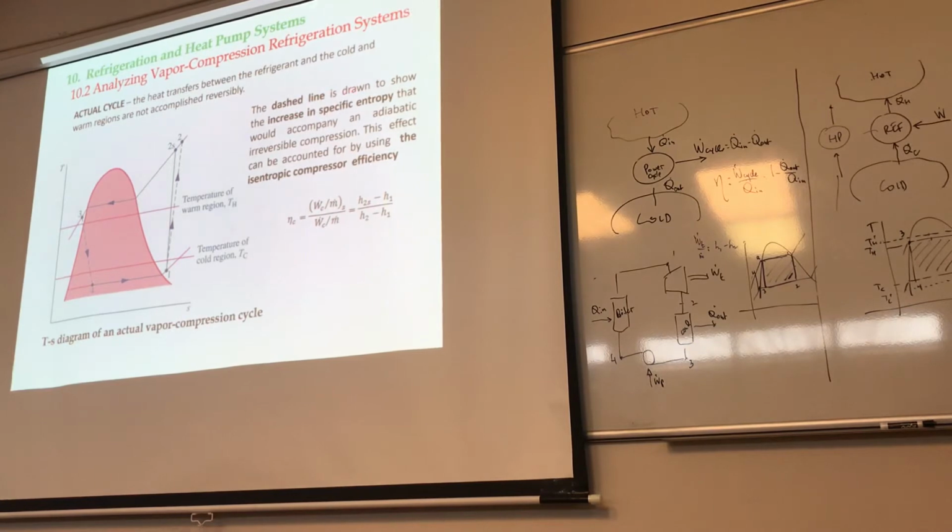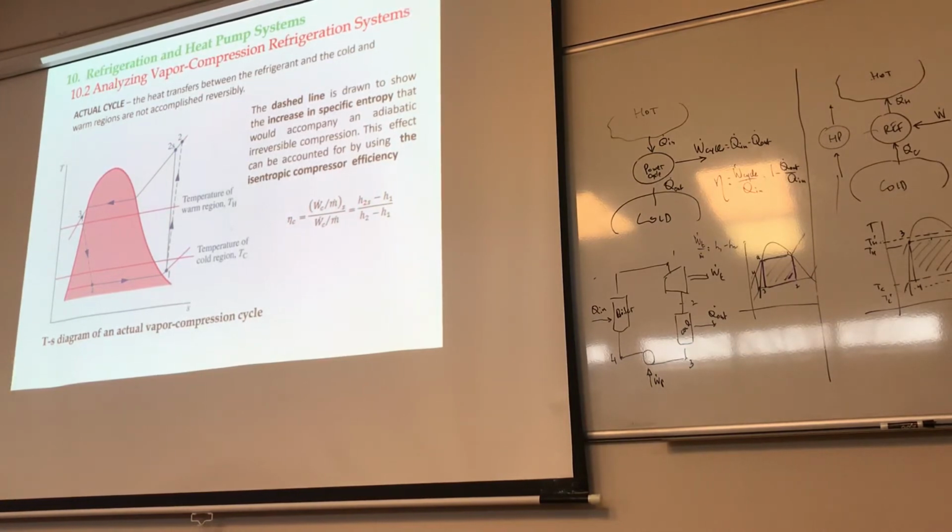The dashed line is drawn to show the increase in specific entropy that would accompany an adiabatic irreversible process. This effect can be accounted for by using the isentropic compressor efficiency. I did not spend too much time on this, but I keep repeating that the only use for the compression efficiency is that it allows you to find H2 based on H2S.